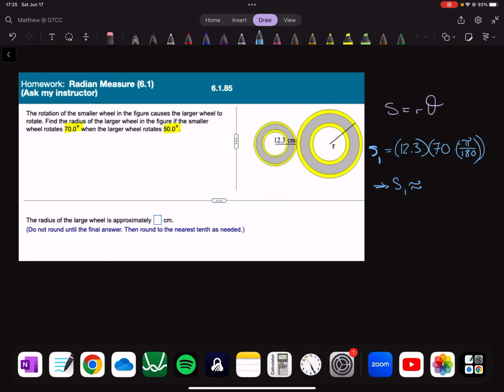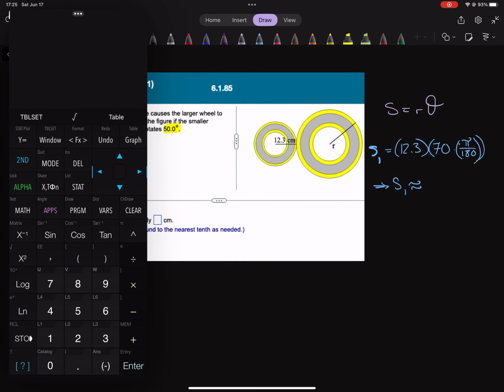Now I'm going to bring up a calculator, and we're going to drop those entries into the formula. I'm going to multiply this by 70, multiply that 70 times pi over 180. If I can find my pi button, there it is. Pi over 180.